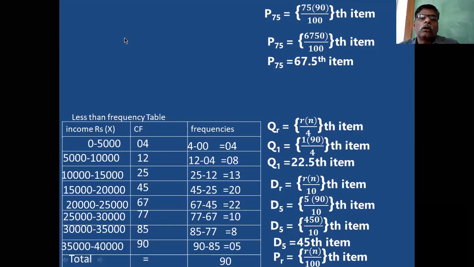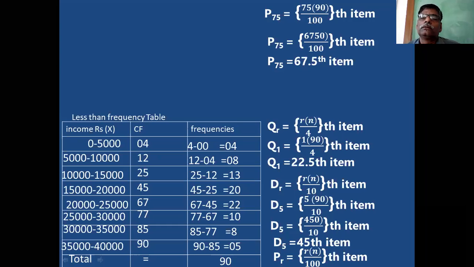Then your duty is in the graph. In the graph, you first draw the less than frequency curve. In the less than frequency curve, you have to mark the values. Q1 is 22.5: in the y-axis, you have to search for the number 22.5. D5 is the 45th point, and P75 is the 67.5th item.